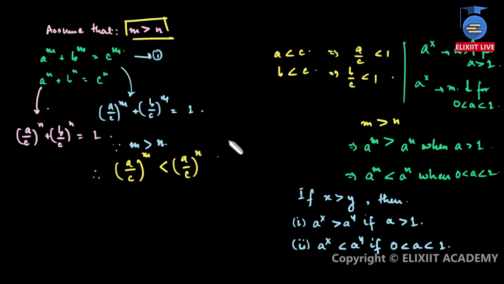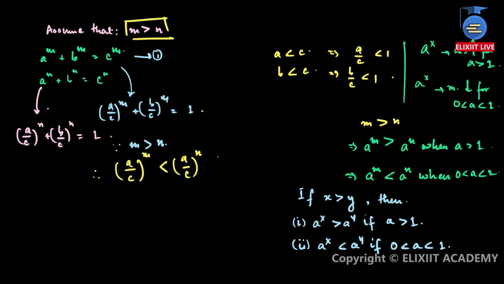And since a by c is less than 1, a by c lies between 0 and 1. So it's a proper fraction, and we use the property: a to the power x is less than a to the power y for m greater than n. Clear?